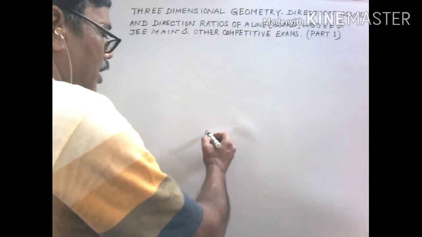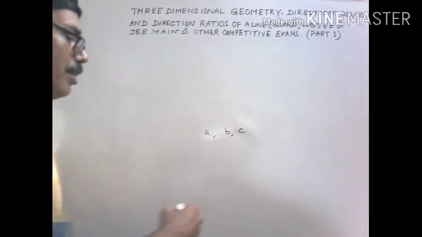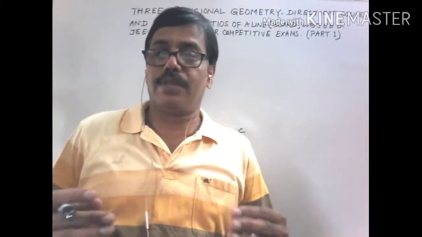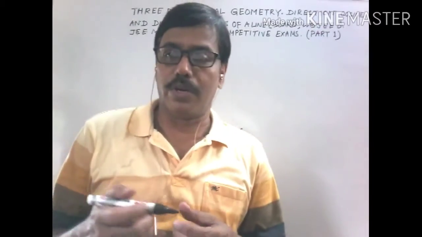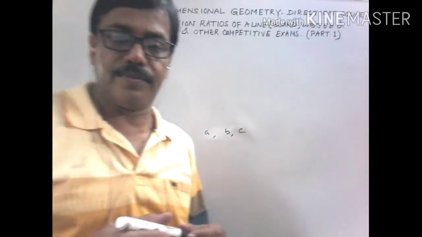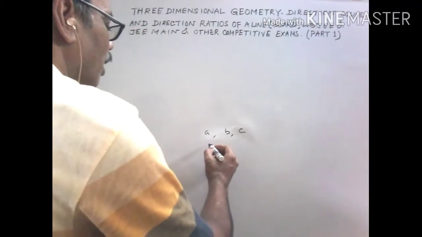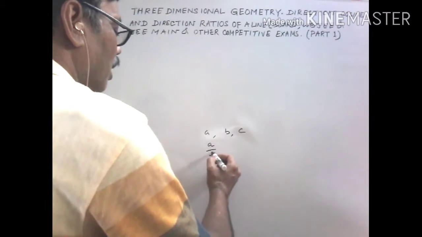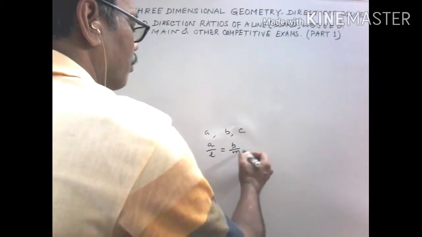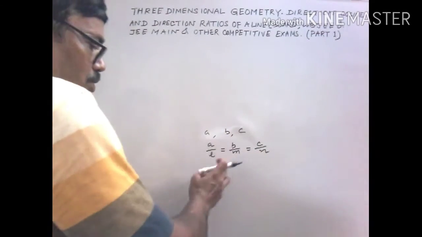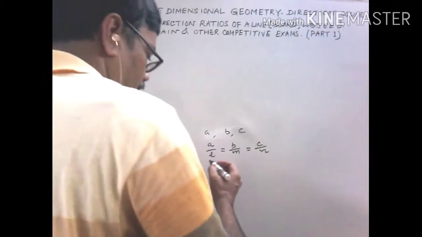Three numbers A, B, C are called direction ratios of a line if they are proportional to the corresponding direction cosines. That is, A by L equals B by M equals C by N. A, B, C are proportional to the direction cosines.